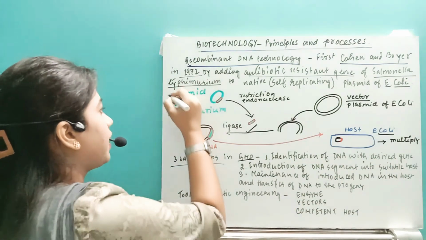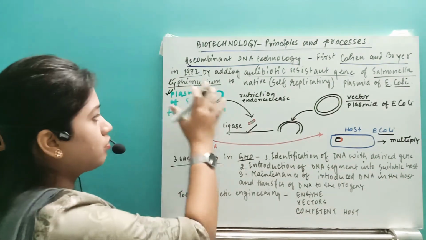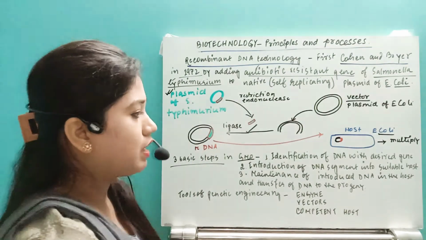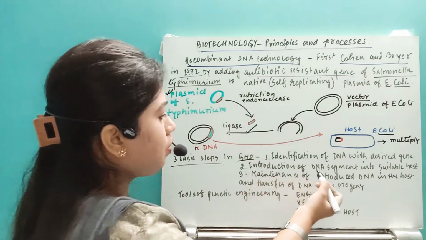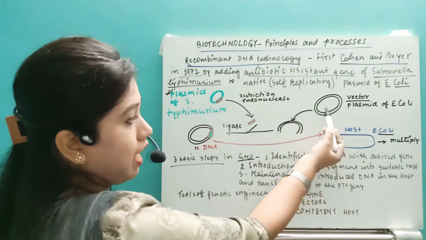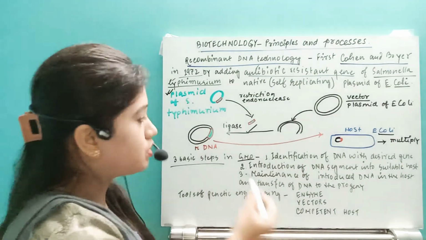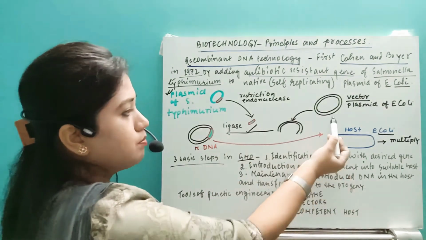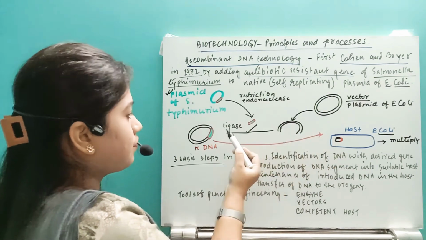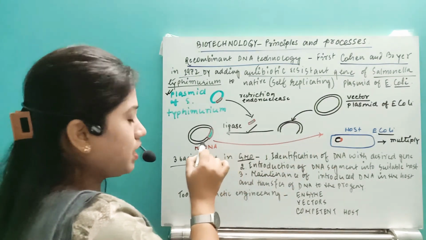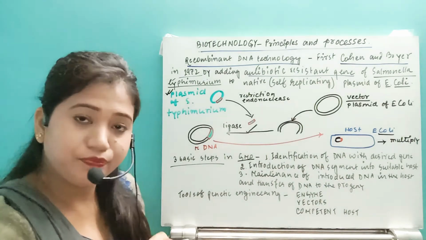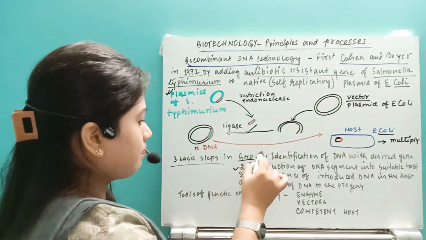So we have to find this one, the plasmid of Salmonella typhimurium. Then after that, introduction of the DNA segment into a suitable host. How will we be able to introduce this gene into the suitable host? By adding the vector. The vector has to be cut, then by this ligase we will make this recombinant DNA, then this rDNA will be introduced into the host. That will be the second step.